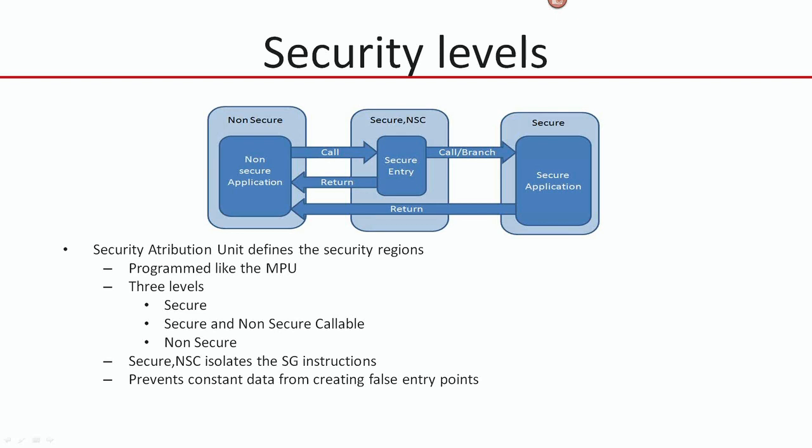So when we branch from non-secure into secure state, we must first enter this non-secure callable state, which holds all of the entry points, and then we enter into the secure state proper, execute the code, and then we can return back. So again, this intermediate state simply provides an additional level of security that prevents us accidentally having false entry points.